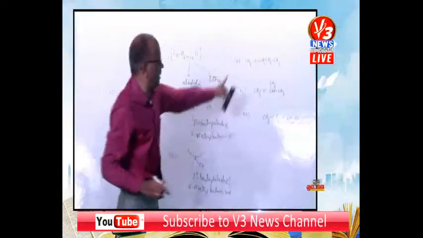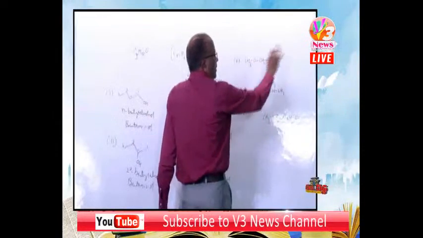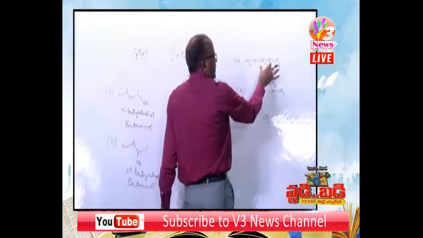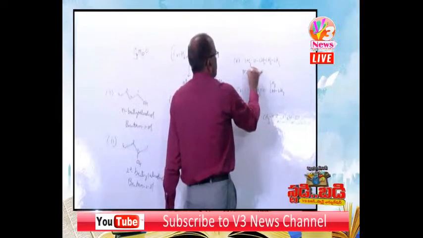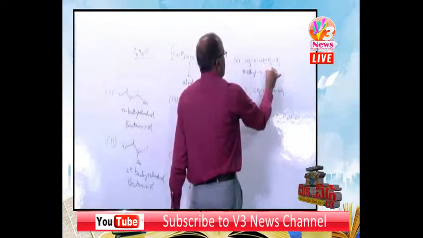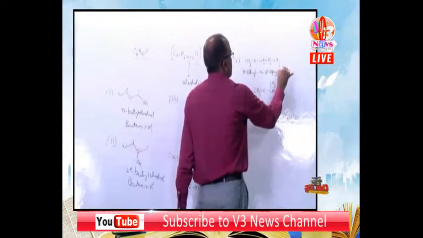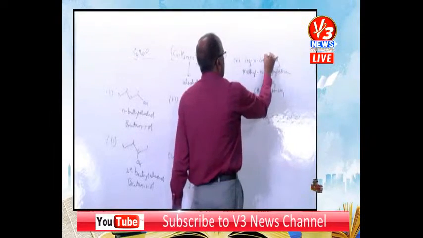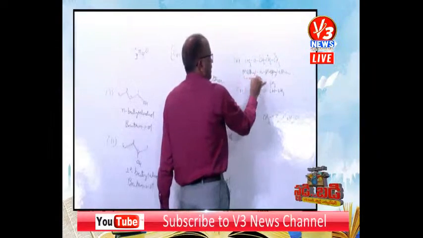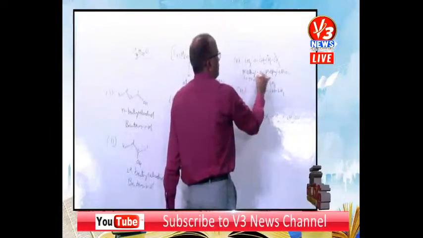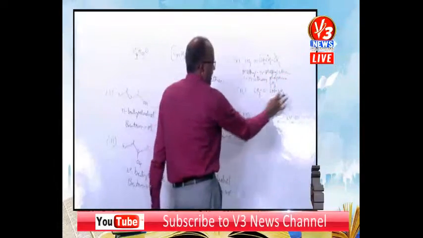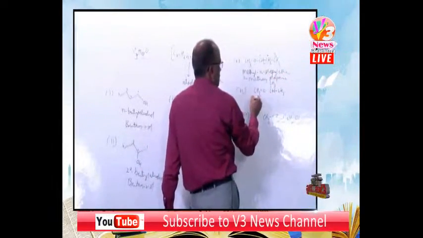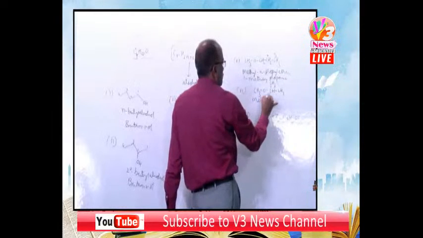So, if you see the common name of this one, this is methyl n-propyl ether and the IUPAC name of this one is 1-methoxypropane. This is an isopropyl group. So, the common name of this one is methyl isopropyl ether.